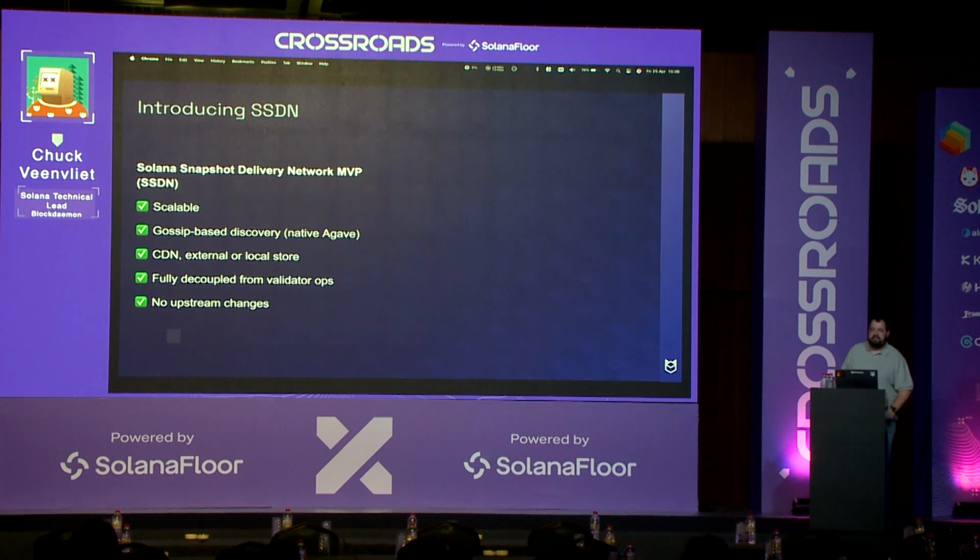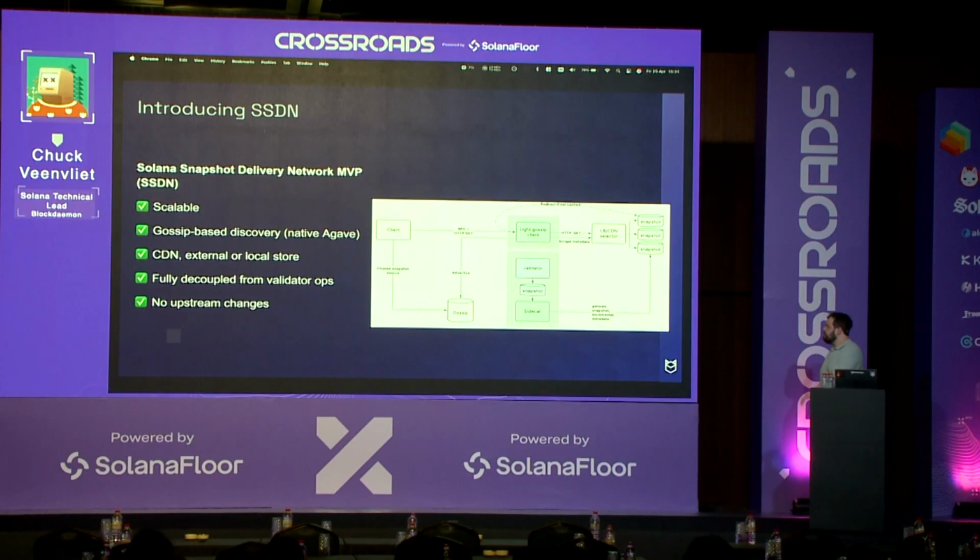It needs to have CDN-like properties, so put the snapshot on a fast storage solution, and have it fully decoupled from the validator, right? We don't want the validator to have open ports, and we want the least amount of changes for anyone that wants to use it. So we came up with something that looks like this. We'll go a little bit deeper on how that looks.